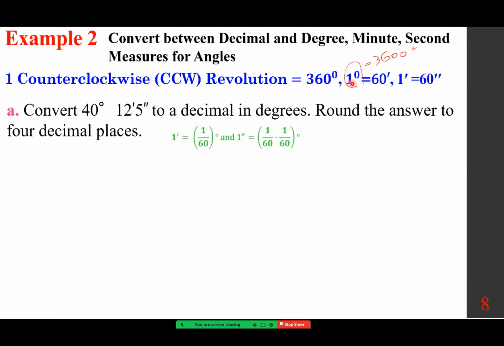If 1 degree is 3,600 seconds, then 1 second is 1/3600th of a degree.